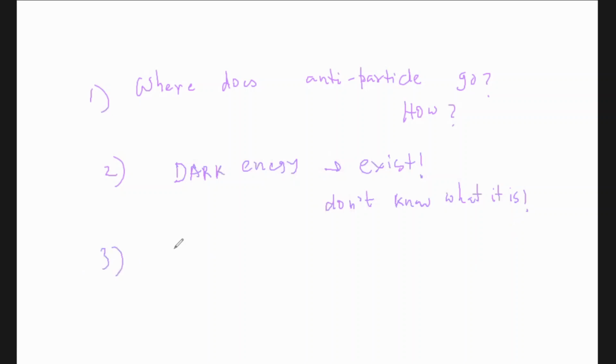Similarly, dark matter, I'll come to that today, towards the end a little bit. Dark matter, 26%. Today we'll prove that it exists, but we don't know what it is.